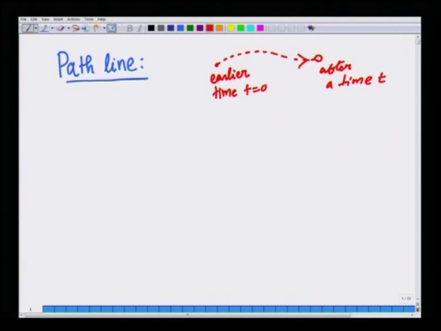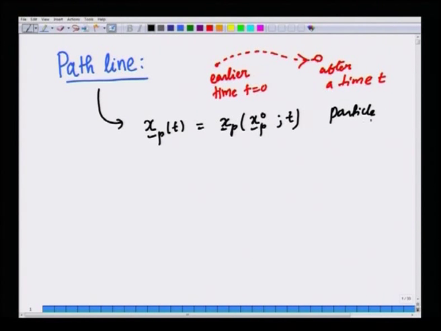The path line is what we call the particle trajectory in the Lagrangian coordinate system. It is a function of the initial position of the particle and time. So, we call this the particle trajectory or particle path in the Lagrangian description of motion in the last lecture.